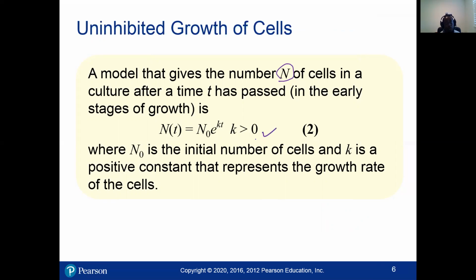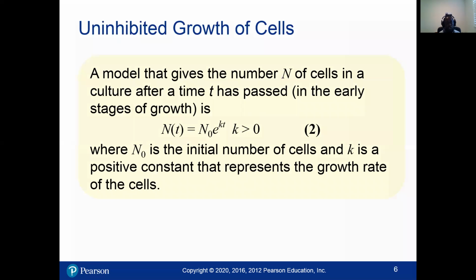Because it is growing, k is positive. It follows the model we just saw, N naught e raised to kt. So in this case, my A of t is your N of t, the amount after time t, and N naught is the initial number of cells, or initial amount.